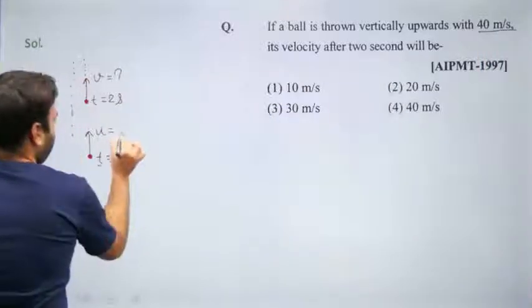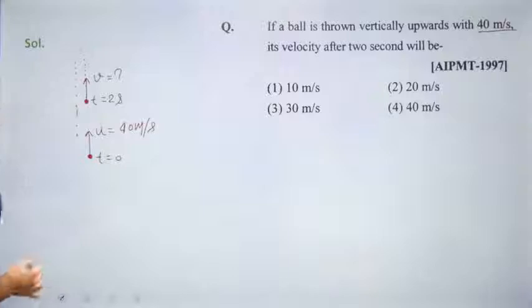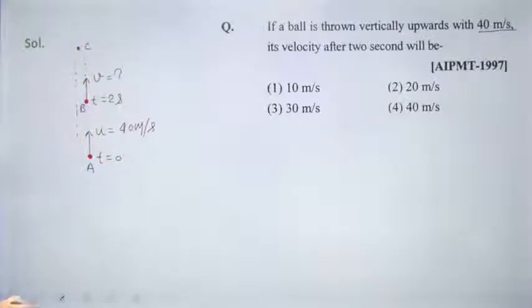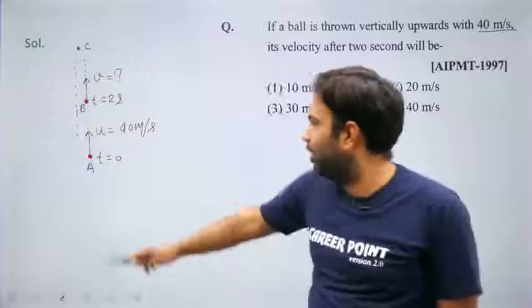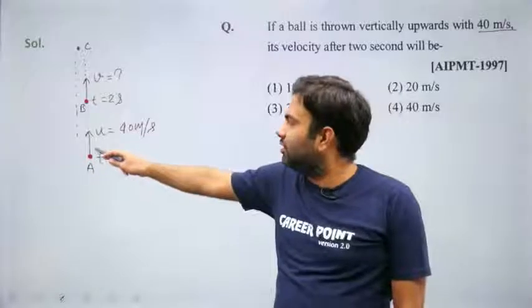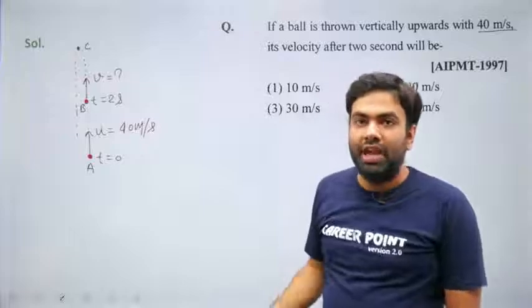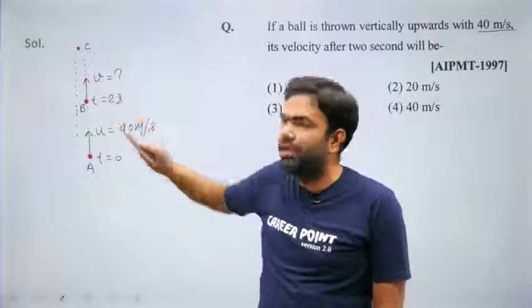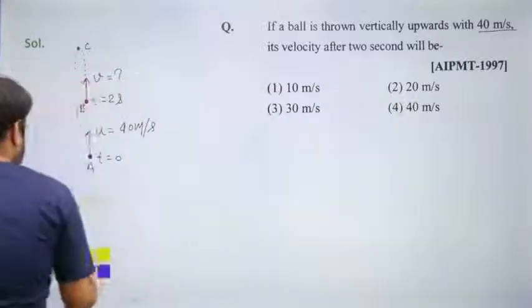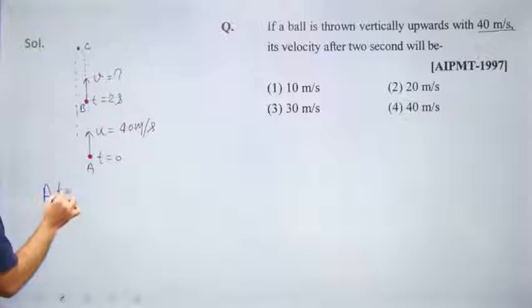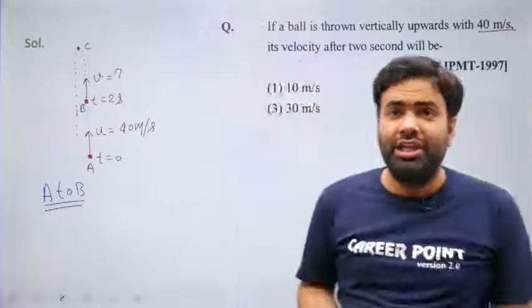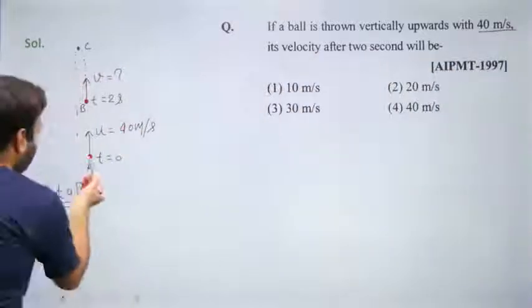Suppose this point is A, this point is B, and the topmost point is C. Now we have velocity at point A, the time of journey from A to B, and the acceleration, and we have to find the final velocity at point B. So if I consider the motion from A to B, acceleration is constant, so the equations of motion are applicable.